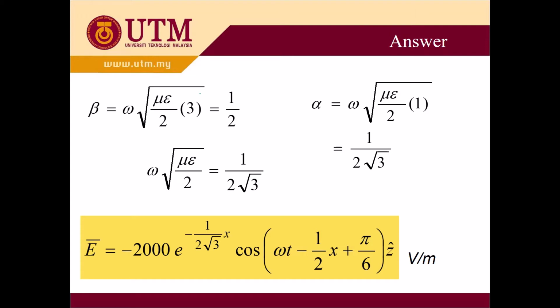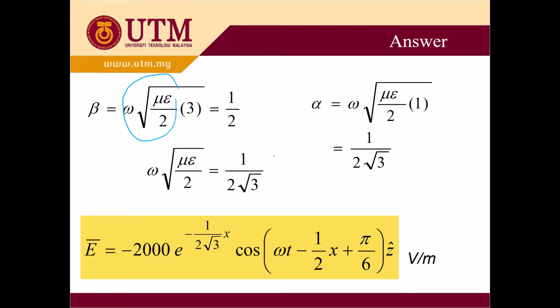Since the beta is equal to 1 over 2, we can determine the value of this part. Because everything is equal to 1 over 2, this part is basically equal to 1 divided by 2 sec 3. We don't know what is omega, mu, and epsilon in this case, but we know the total is equal to this.